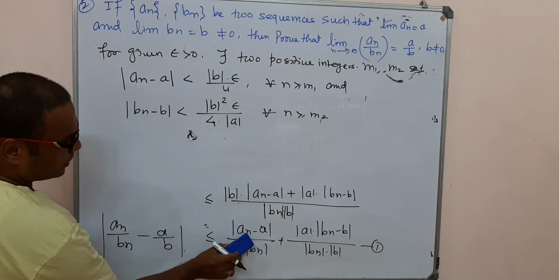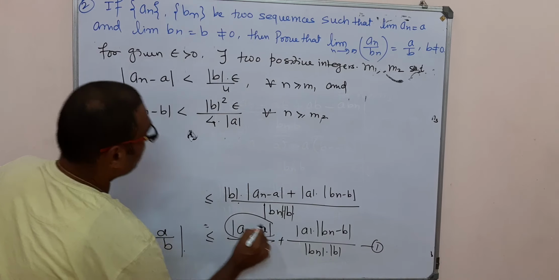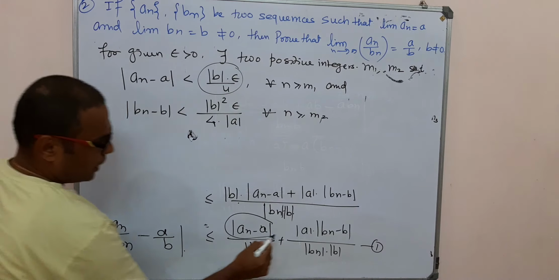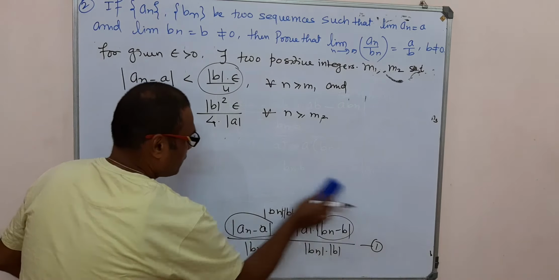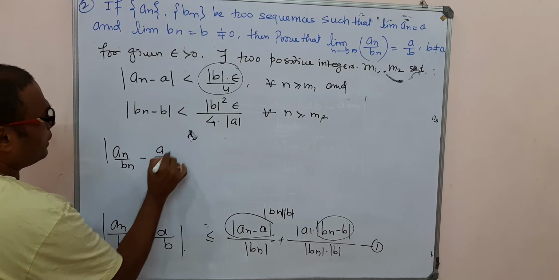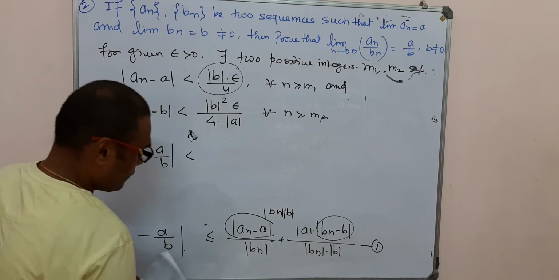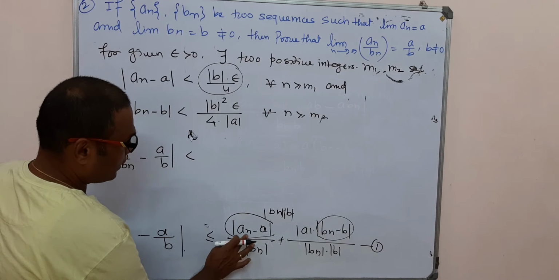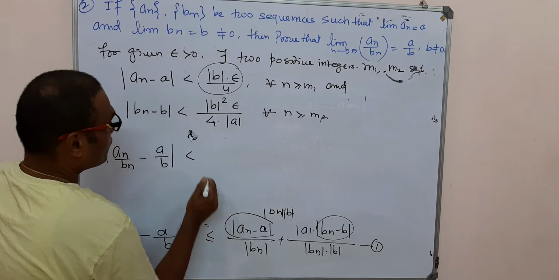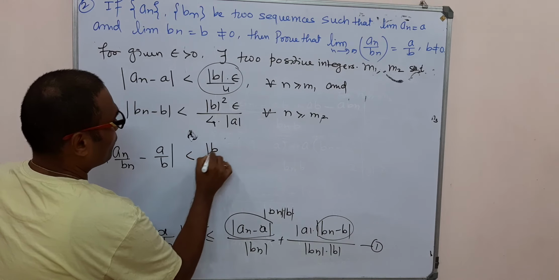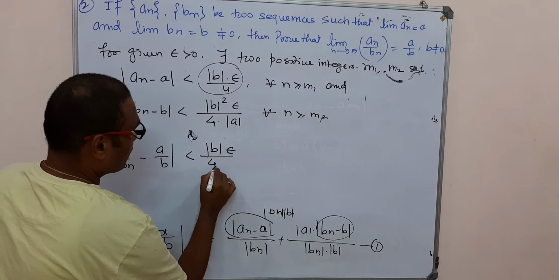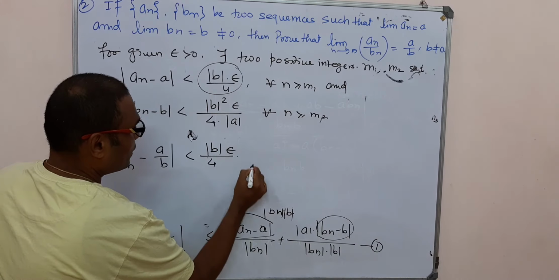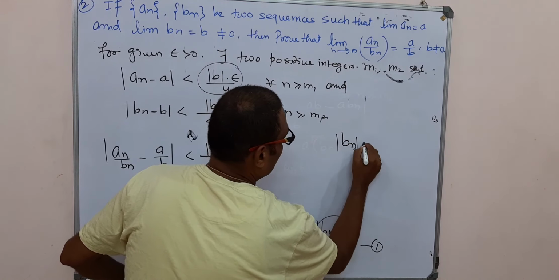So |an − a| is replaced by this quantity and |bn − b| is replaced by this quantity, so inequality 1 becomes: |an/bn − a/b| is strictly less than |b|·epsilon by 4 times 1/|bn|, where |bn| is greater than lambda.